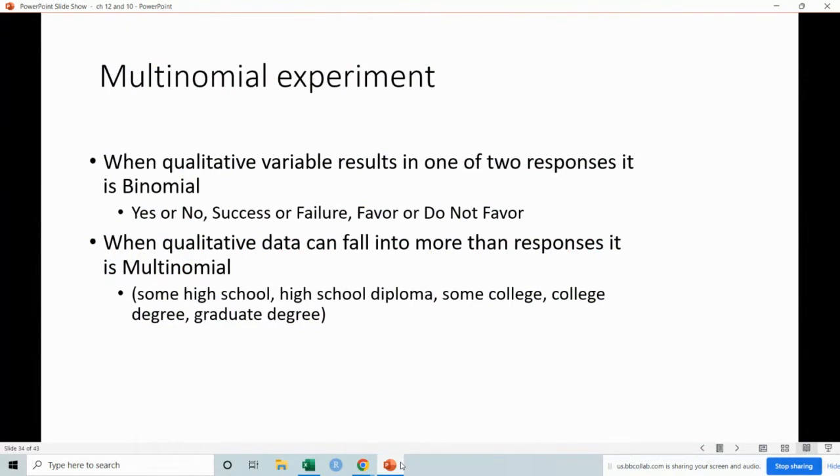So that can be yes or no, success or failure, favor, do not favor, anything that has a binomial response, where it's on or off, where there's only two forms. When qualitative data can fall into more than one response, it's called multinomial. So in this example, you have some high school, you have finished high school, you have some college, you finished college, or you've gone on to get a graduate degree.